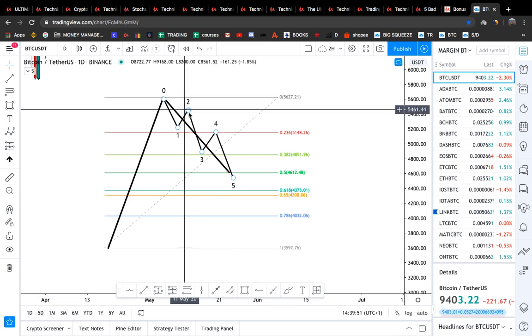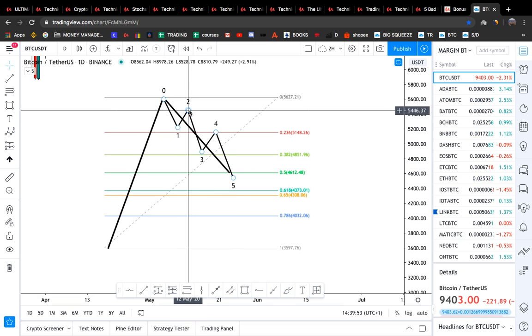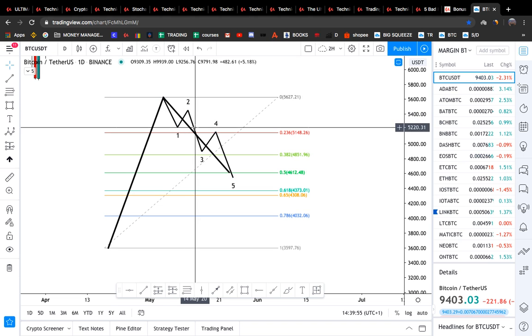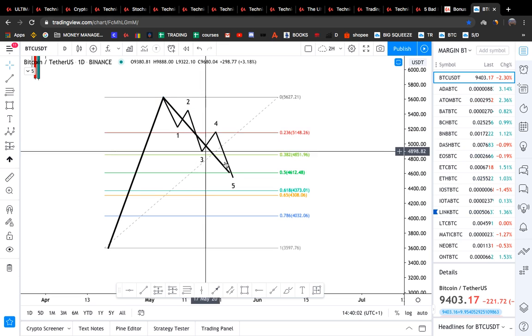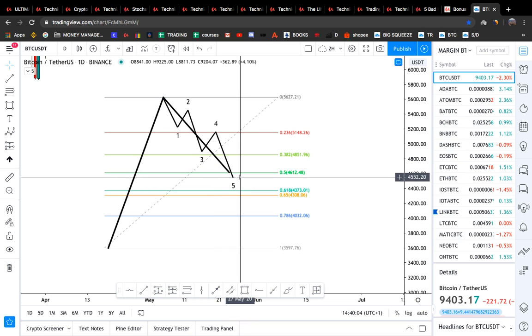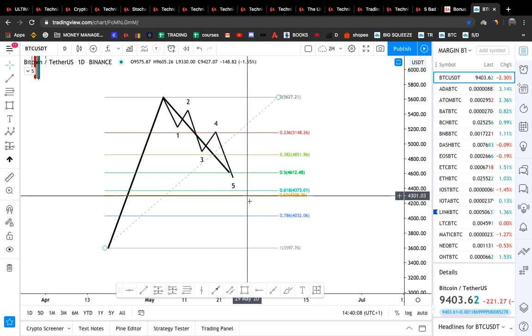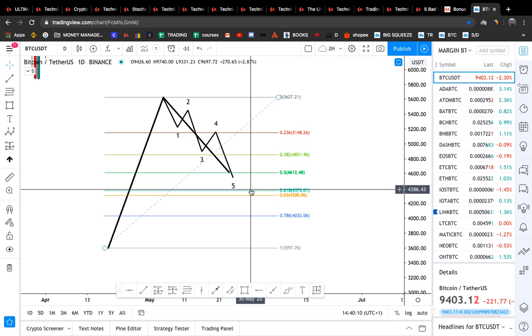So let's say that here you identify a possible lower high, and you enter based on market structure when the price made a lower low. So if you entered here, you can use the fib retracement as a take profit, right? When price came back to 0.5 or 0.618, you can take profits.